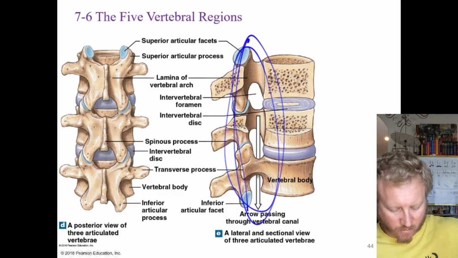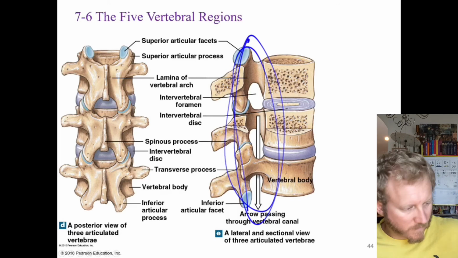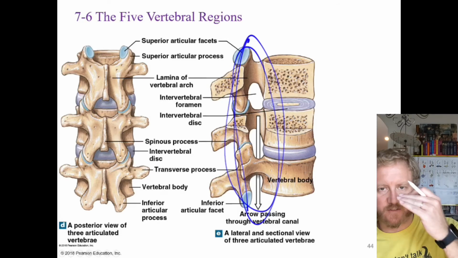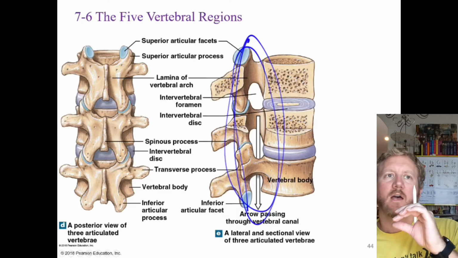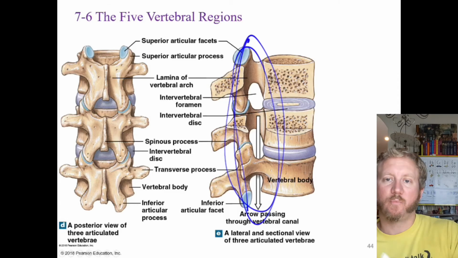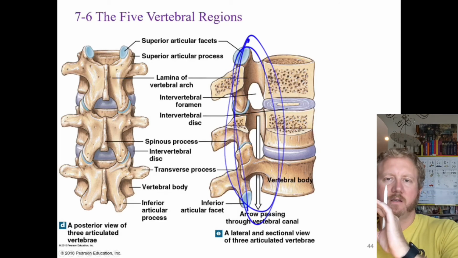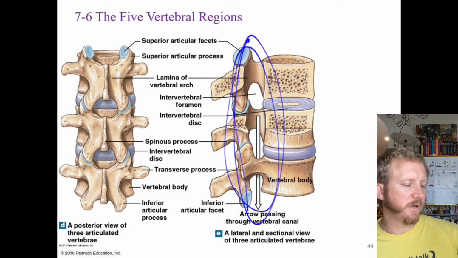And then the vertebral canal, which is formed by the successive vertebrae. So it basically looks like a tunnel that's got spaces in it that you can look through and stuff like that.